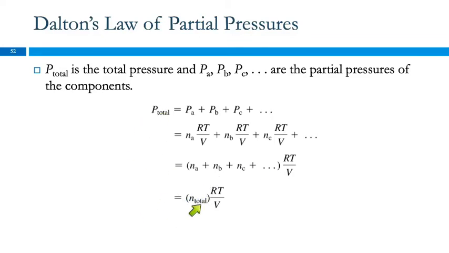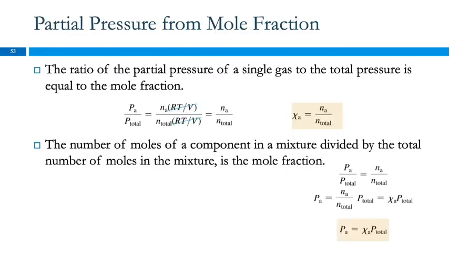So the total pressure is equal to the total number of moles of all the gases times RT over V. If we take the pressure of an individual gas and divide it by the equation for the total pressure, we can cancel out the R's and the T's and the V's, and we end up with the partial pressure over the total pressure is equal to the moles of the individual gas out of the total moles of gas.